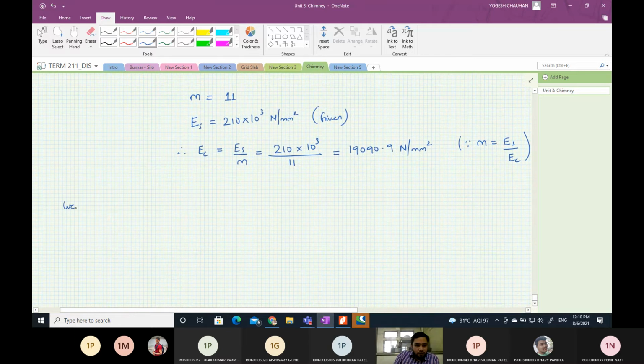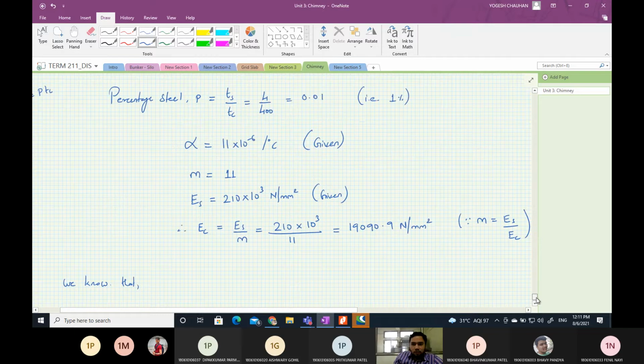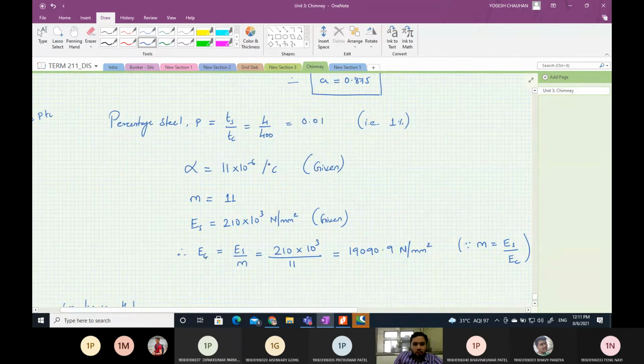So we know that sigma C1 is the uniform stress due to sulfate and wind load.